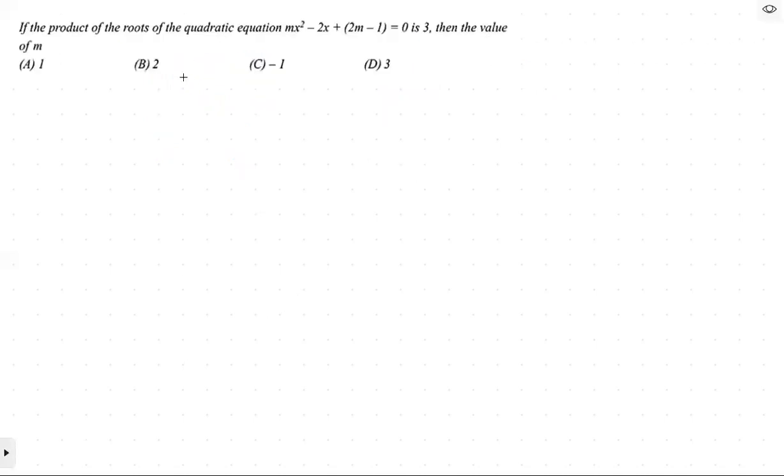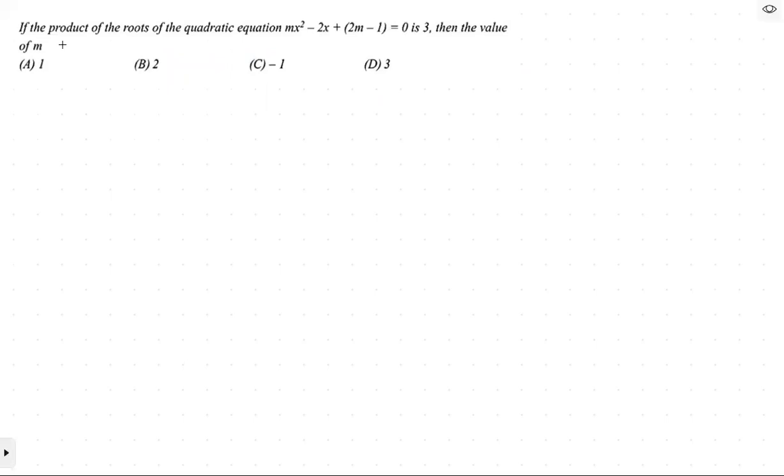So now let us try to solve few questions on the basis of what we have now studied, right? If the product of the roots of the quadratic equation mx square minus 2x plus 2m minus 1 is equal to 0 is 3, तो हमें m की वैल्यू बतानी है. So we have to find out the value of m.